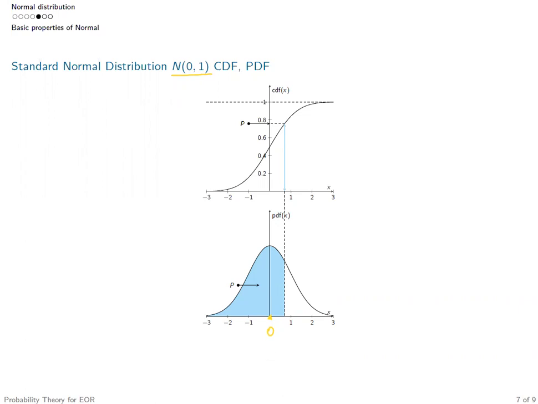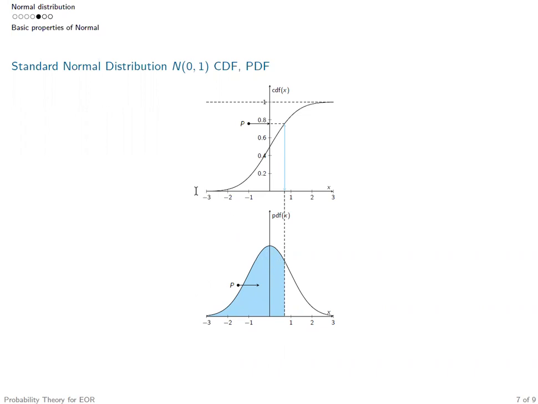If you look closely at these two curves, the PDF curve has a very nice bell shape, with the maximum value in the middle. And both the CDF graph and the PDF graph are quite symmetric.